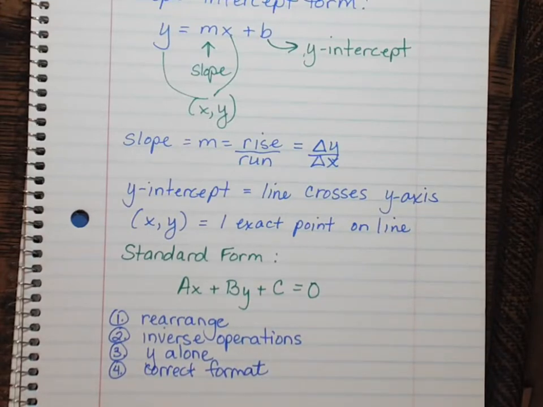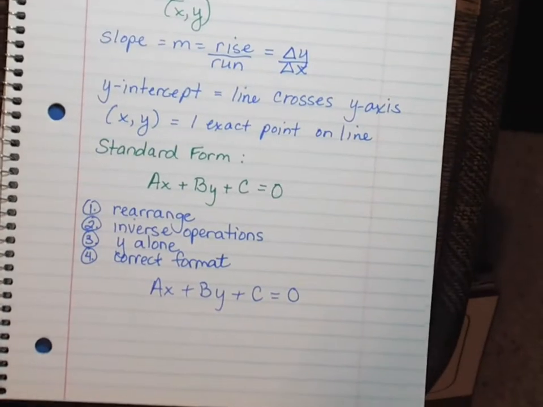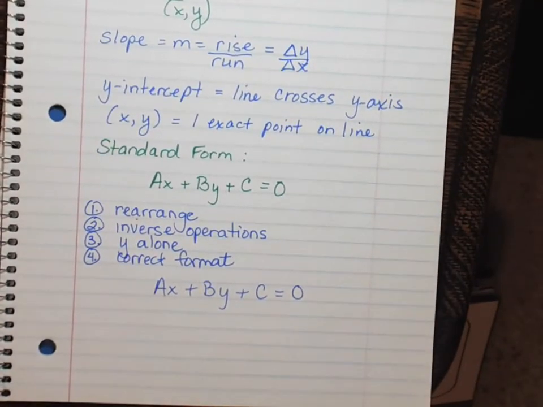Okay, so what that looks like is if we are given an equation and we have ax plus by plus c equals 0. I guess I need to move that up a little bit. Okay, I want to get y on the left.